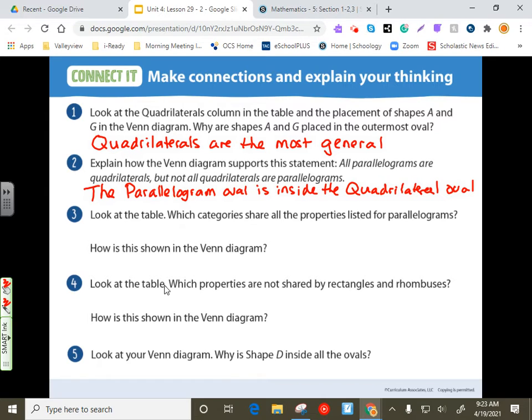So the fact that one is inside the other shows that and supports this statement that parallelograms are quadrilaterals, but not the other way around.